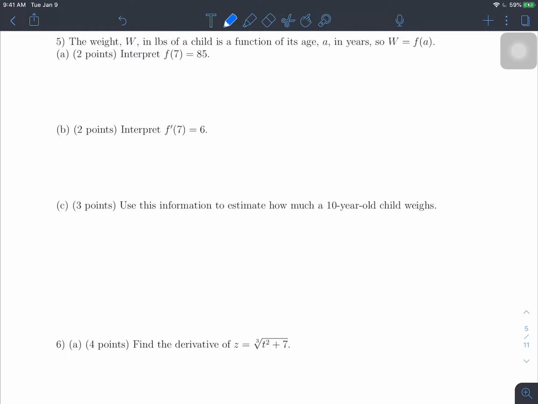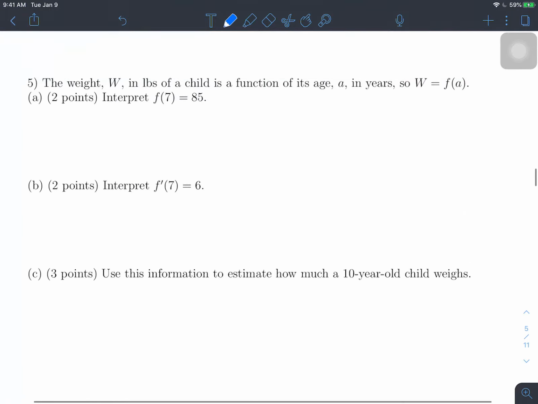So now we're going to do this problem concerning the weight of a child. It's a function of its age A in years, so that W is equal to f of A. What we're supposed to do is take this information about the function, and the connection between the function and the real world, and interpret these statements about the function as statements about the real world.